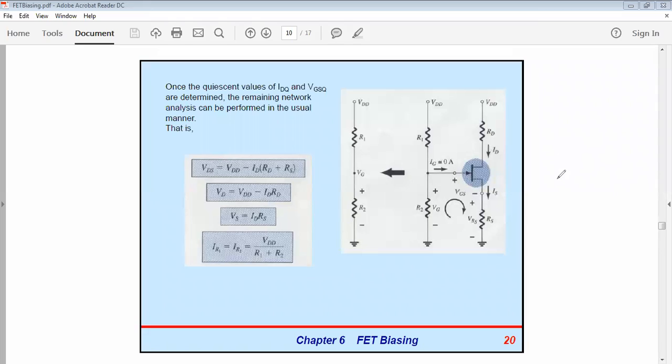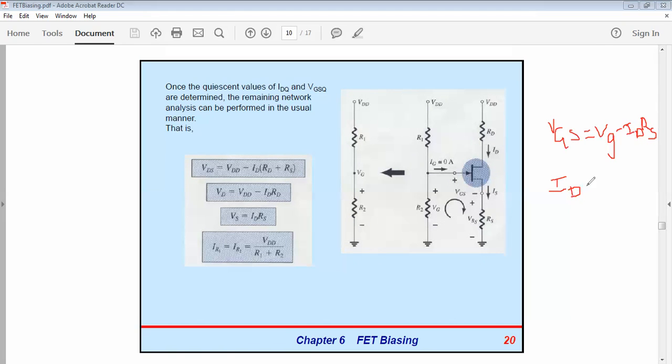In the previous base network, we derived the expression for VGS. VGS is equal to VG minus ID into RS. This VGS expression is substituted in the current equation.